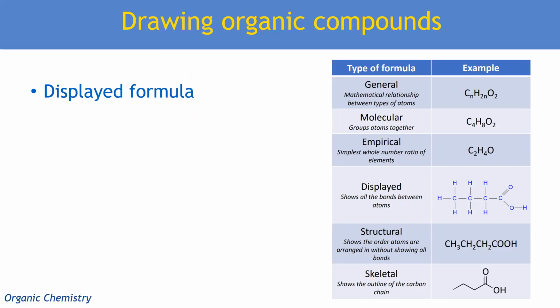So displayed formulae. You need to be most careful about OH bonds and C triple bond ends. That is the most common mistake that people make when they're doing their displayed formulae. Also, sometimes you do everything correct and then you just draw CH3 because you're getting tired of writing all the bonds, and then you lose your mark.